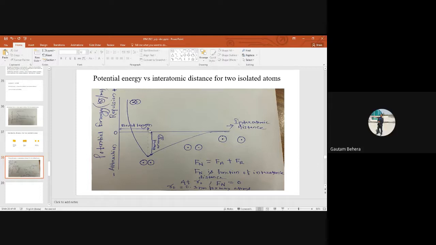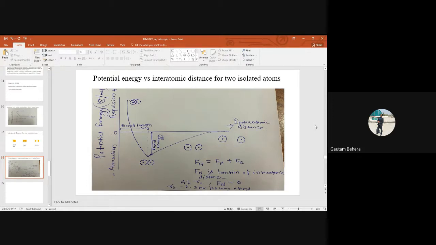And this gap is bond energy, and this length is bond length, right? And you understand why we have discussed this part, because the physical properties, some properties like melting point, boiling point, the stiffness, the bulk modulus, basically depend upon this bond length or bond energy, right?